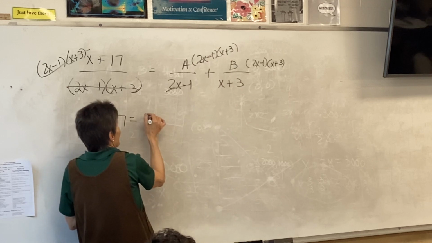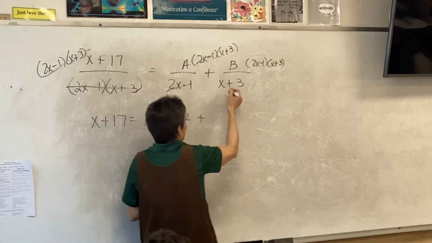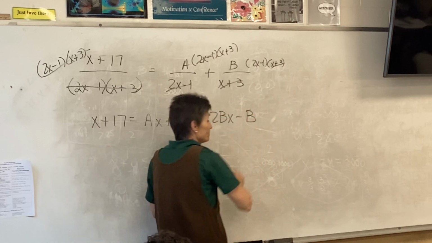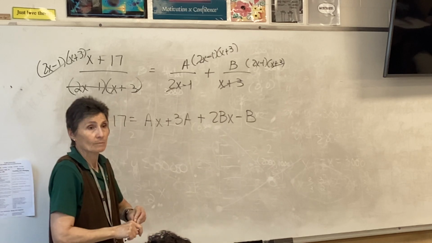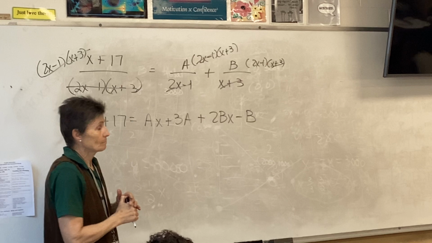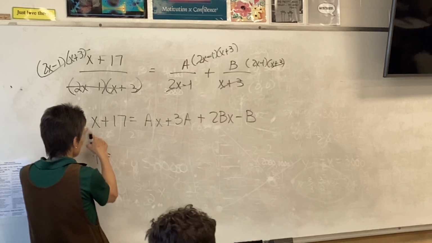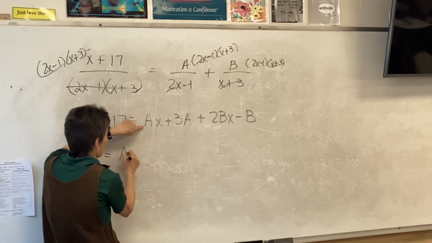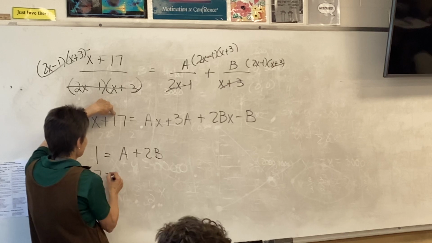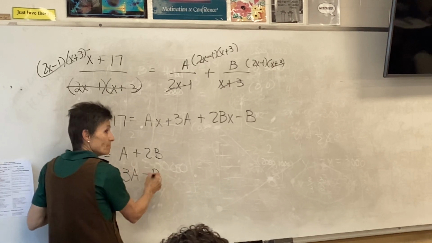So I'm going to have Ax plus 3A and 2Bx minus B, right? And then what? 1 equals A plus 2B. And 17 equals 3A minus B.